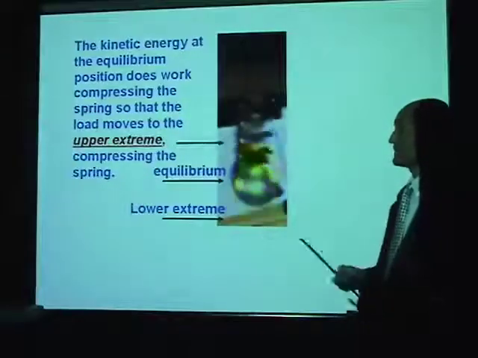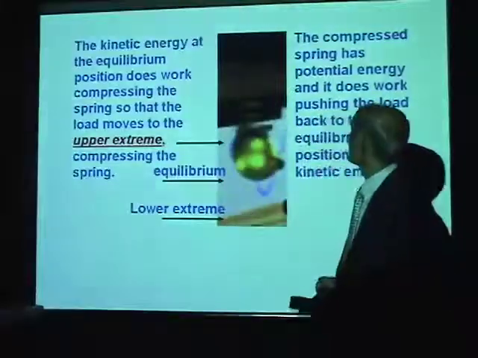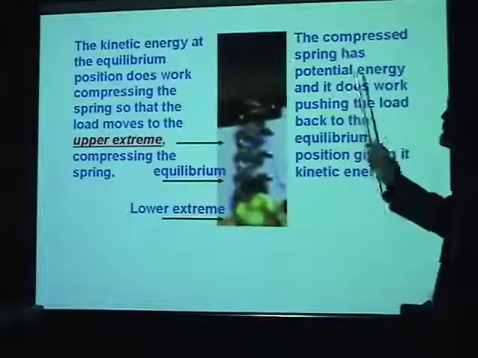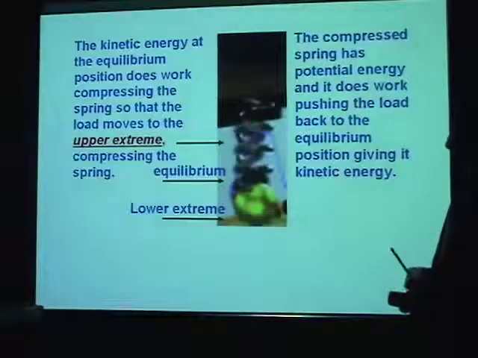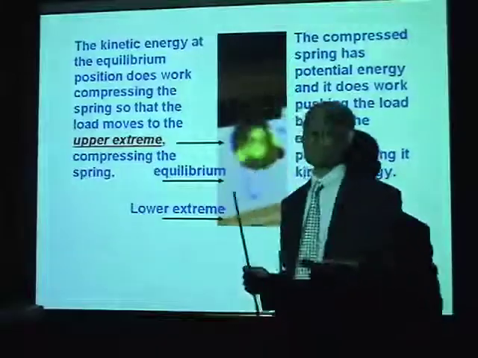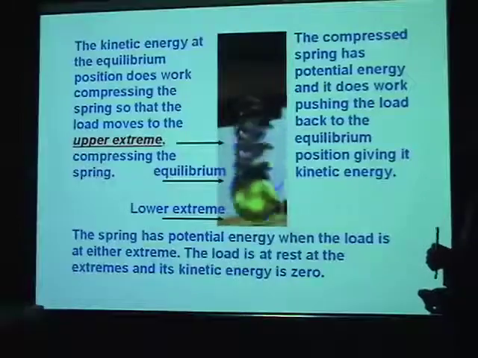Is that right? There you are. So the spring will now move between the lower extreme and the upper extreme. The compressed spring has potential energy, and it does work pushing the load back to the equilibrium position, where it will have kinetic energy.